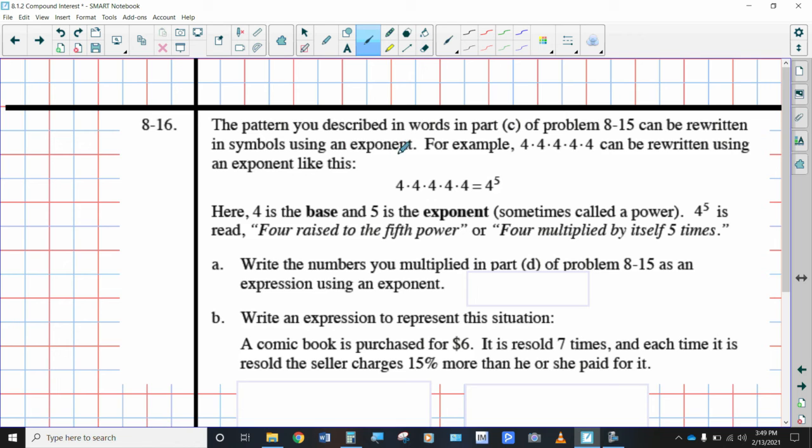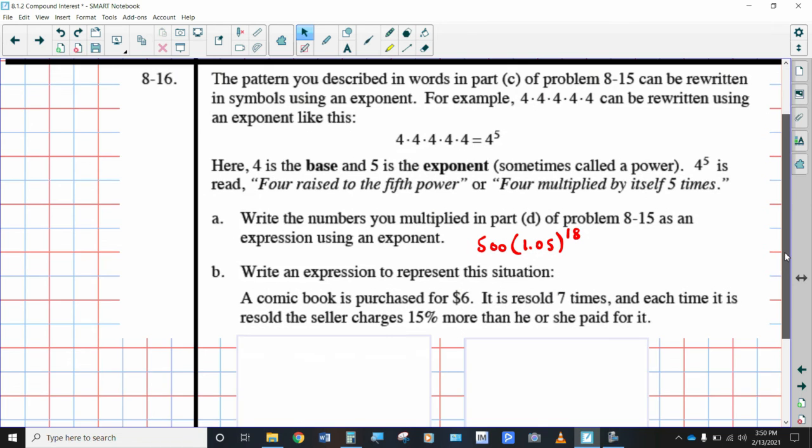For example, 4 times 4 times 4 times 4 times 4 can be rewritten using the base, which is the number being repeatedly multiplied, and the exponent, the number of times it's being repeatedly multiplied. Okay, so write the numbers you multiplied in part D of problem number 15 as an expression using an exponent. We've already copied this down. That was this, $500 times 1.05 to the 18th power.